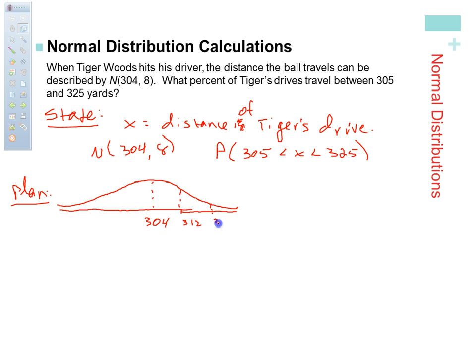Second standard deviation is 320, and this is not very accurate, but whatever. So 328. Then we're going this way: 296, and then 288, and then 280.